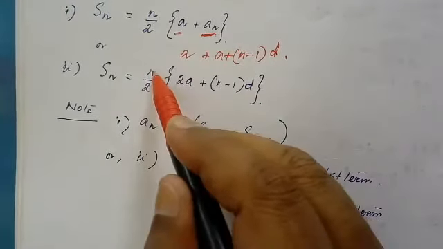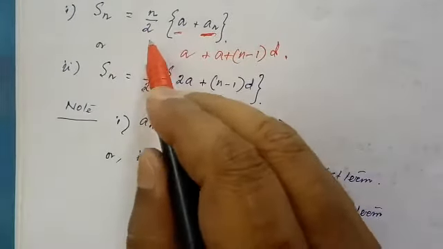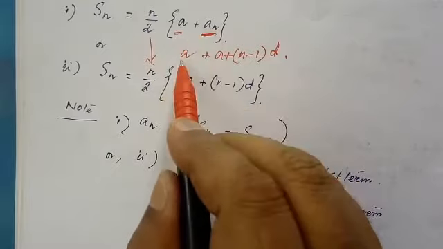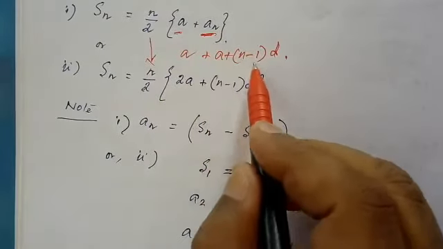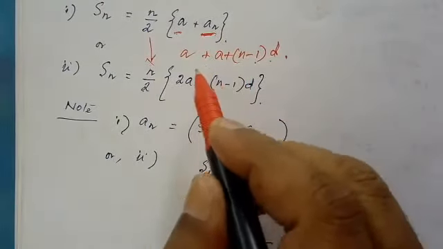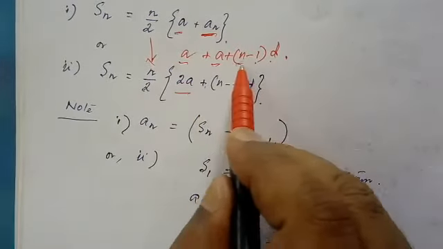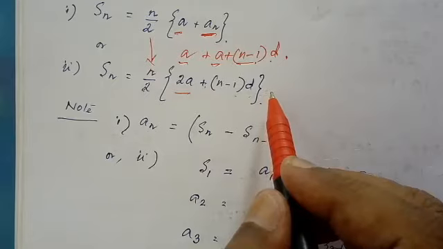So what do we get? n by 2 times (2a plus (n minus 1) into d).